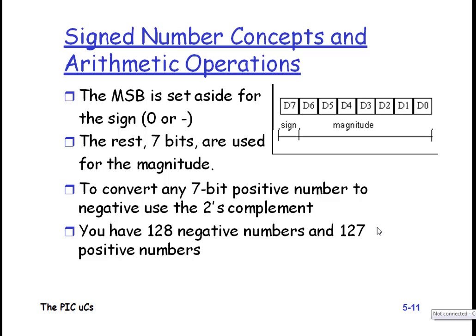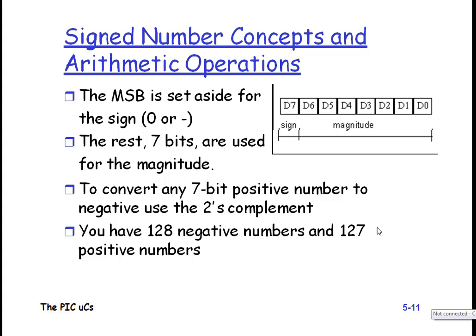Signed number concepts and their arithmetic operations: the most significant bit, MSB, is set aside for the sign, 0 for positive or 1 for negative. The remaining 7 bits are used for the magnitude. To convert any 7-bit positive number to negative, we perform this using 2's complement.